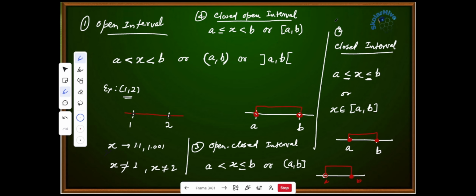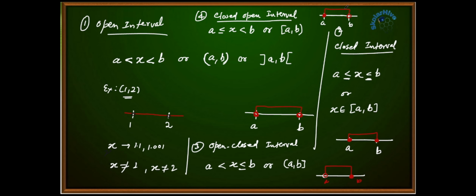We can write this on the number line like this. So [a, b) means the set of all values between a and b in which a is included but b is not included. So these are the four types of intervals we have.